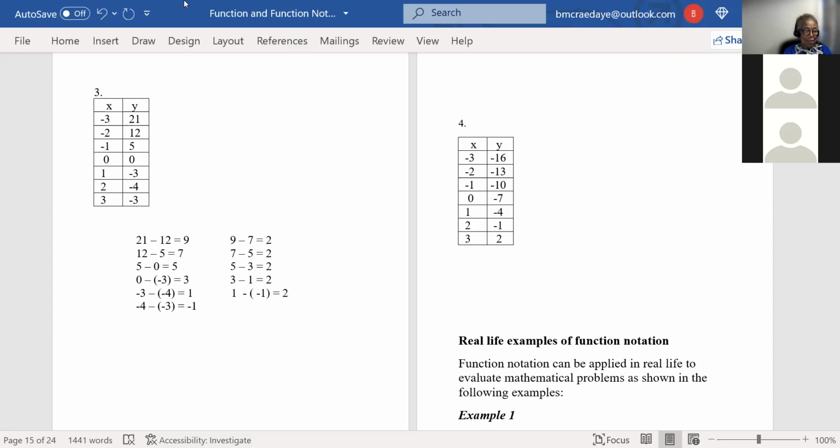So what kind of function is number 3 when the second differences are the same? It's not linear, because the first differences, 9, 7, 5, 3, 1, minus 1, are all different and must be equal for linear.